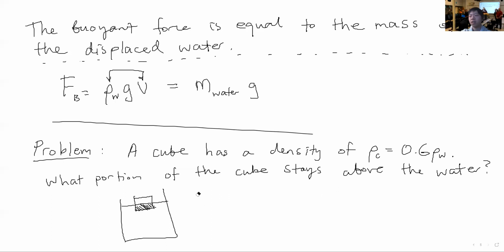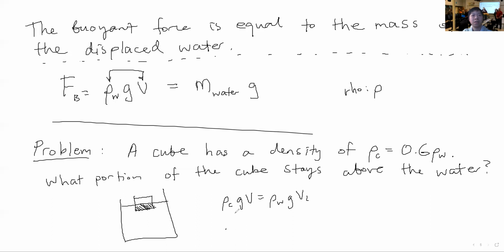So basically, the buoyant force equals mg. So I just said rho c g V equals rho w g V2.